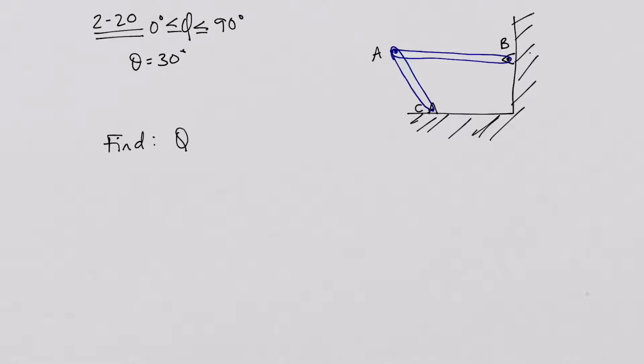We have a force of 400 pounds. And then this angle here is theta, which equals 30 degrees, and that was given in the problem statement. And this angle here is phi, which is what we're interested in finding.